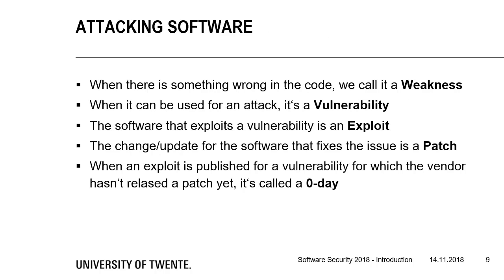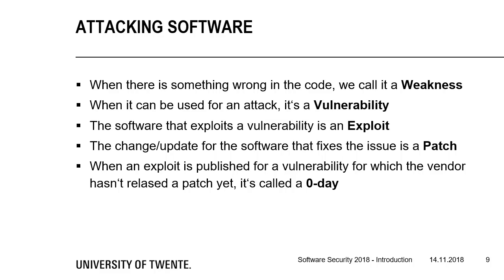And when we talk about software security, then we need to fix a specific set of terms. So when you program something and you do something wrong in your code, then we call that a weakness. Or not necessarily something wrong, but when you do something in a way that is not optimal, so when there are better solutions for how to do it.